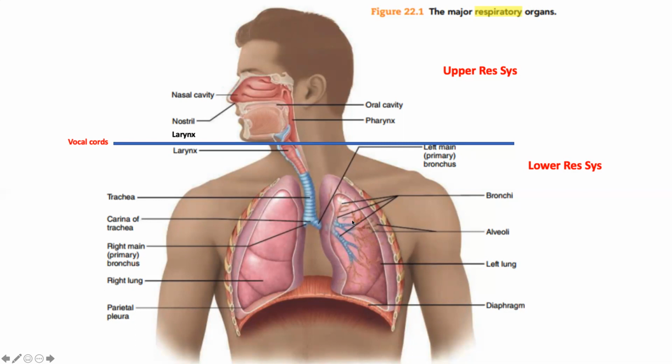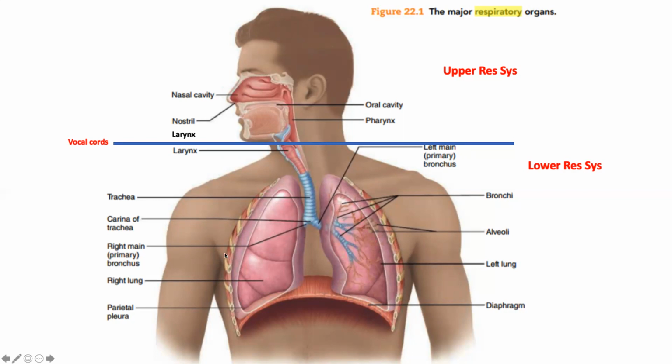And the same as with the heart, which was covered with the pericardium, the lungs are covered with the pleura. We have two layers of pleura.